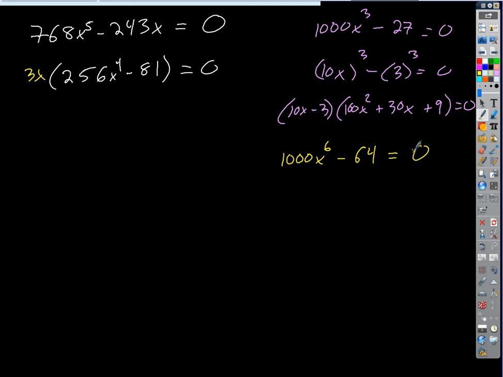Okay, you see here's where you face kind of a crossroads. You got option A and option B, right? We could either turn this into a difference of cubes. We could write that as 10x squared cubed minus 4 cubed equals 0, or we could write it as a difference of squares. We could write it as, oh, 1,000's bad, isn't it?